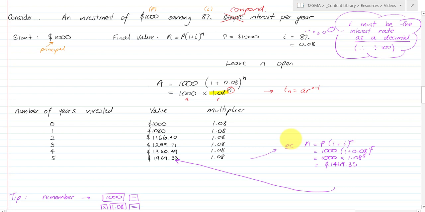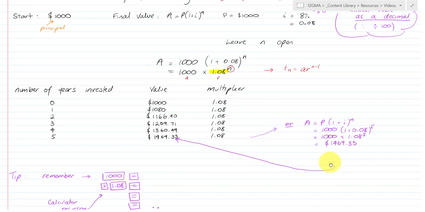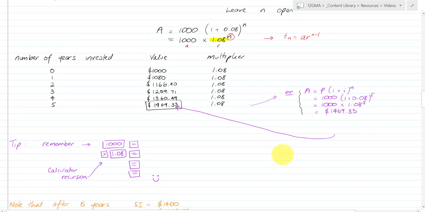Enter again, and you get my answer again, because we're just multiplying by 1.08 each time. It's our constant multiplier. And of course, if we wanted to find the 5th year value, we could always go to the formula here, and by substituting in the formula, we would get $1,469.33 if we needed to. And there's what I've just been talking about in the calculator. But that builds up an understanding of how this relates to geometric sequences.